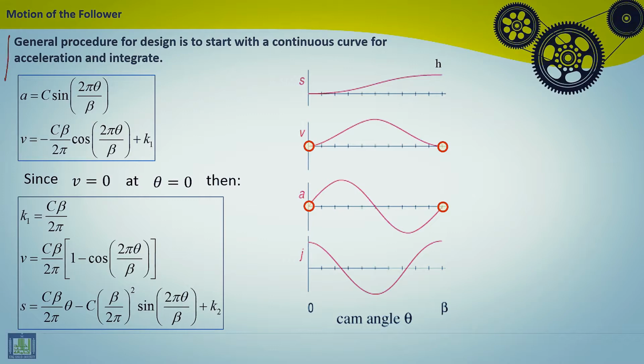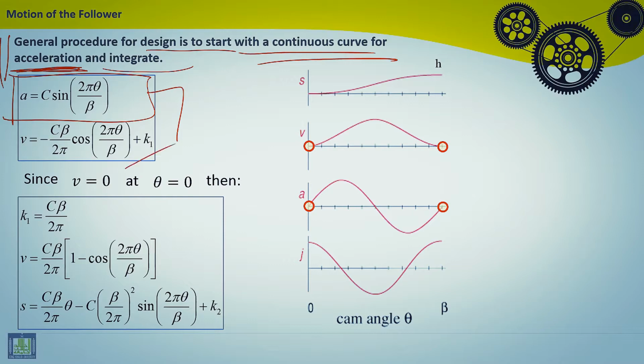The general procedure for design is to start with a continuous curve for acceleration and integrate. Here we have a continuous function for acceleration. We integrate to get the velocity. Since the velocity is equal to 0 at theta equals 0, we can find the first constant related to the velocity, and then we can find the position function.